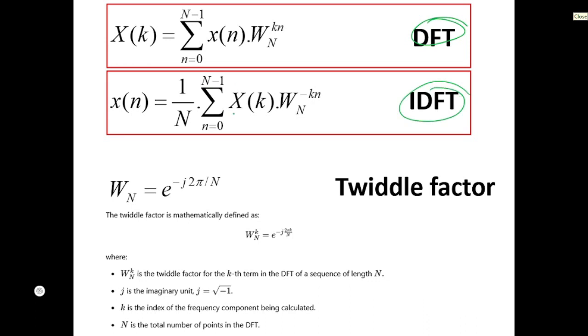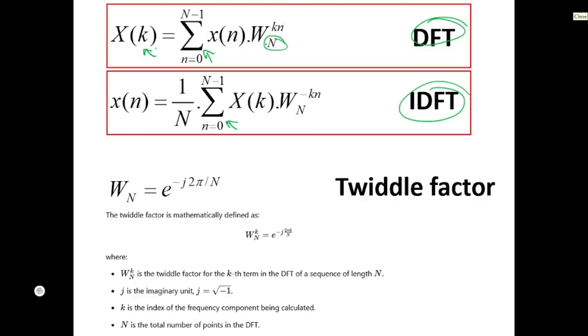In both the cases, if you see, we have the summation notation. Okay. Now X[k], k is the frequency component. It is given by the summation of n equals 0 to N minus 1 of x[n] W_N^kn, where N is the length of the signal.